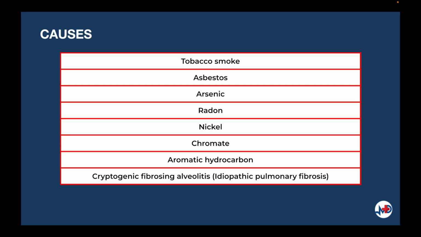Smoking and asbestos exposure are synergistic, so a smoker with asbestos exposure has 50 times increased risk of developing lung cancer. Other risk factors include exposure to arsenic, radon, nickel, chromate, and aromatic hydrocarbon. Note that coal dust exposure is not related to lung cancer. Cryptogenic fibrosing alveolitis, also known as idiopathic pulmonary fibrosis, has been reported to be associated with an increased risk of lung cancer. However, coal dust is a factor that is not related.